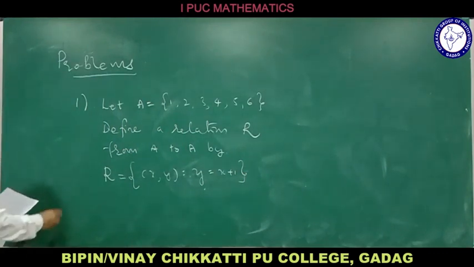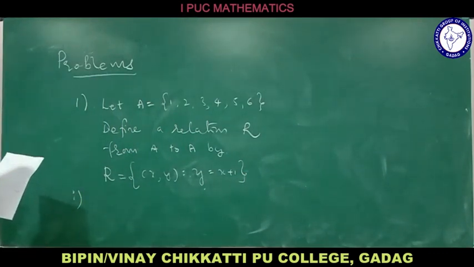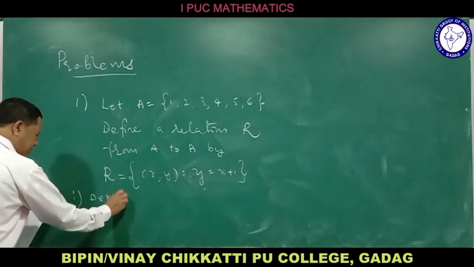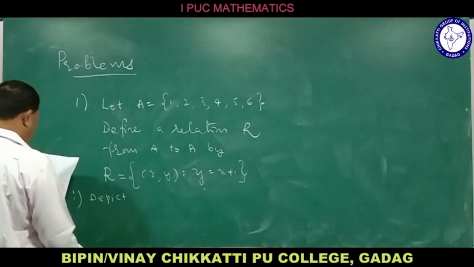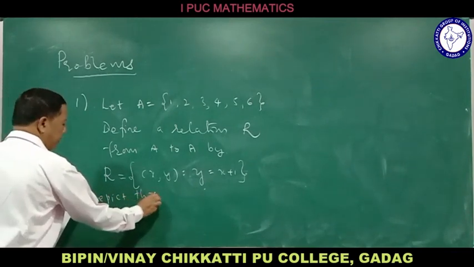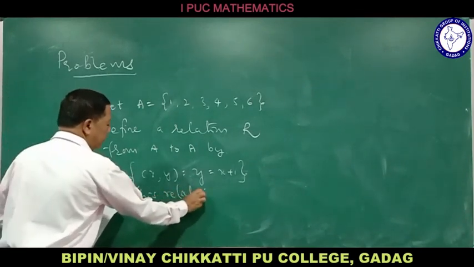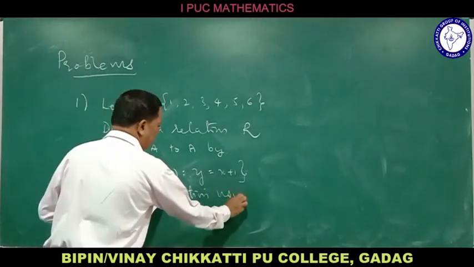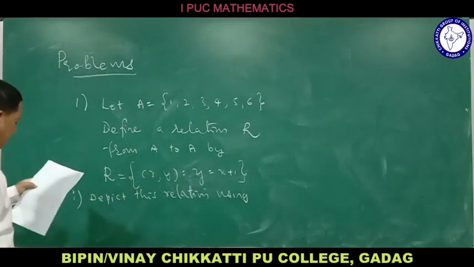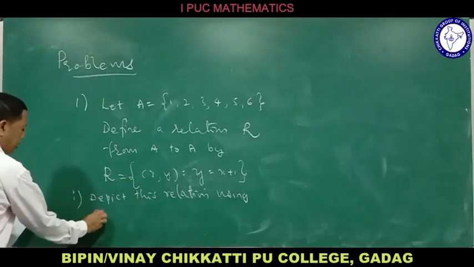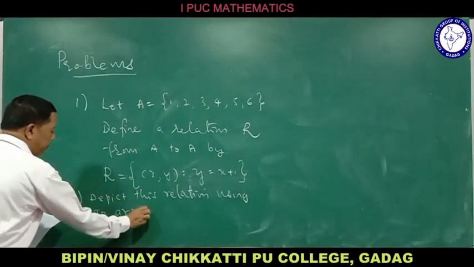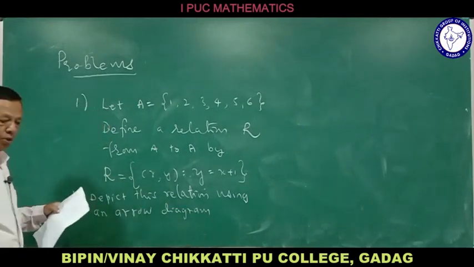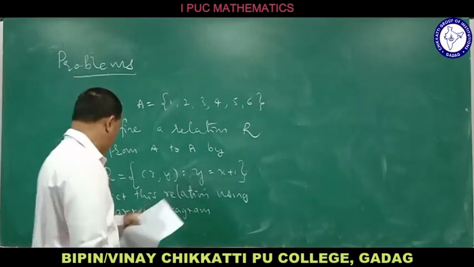And what is the question? Number one, depict this relation using an arrow diagram. Already I told you, an arrow diagram is a visual representation of a relation.